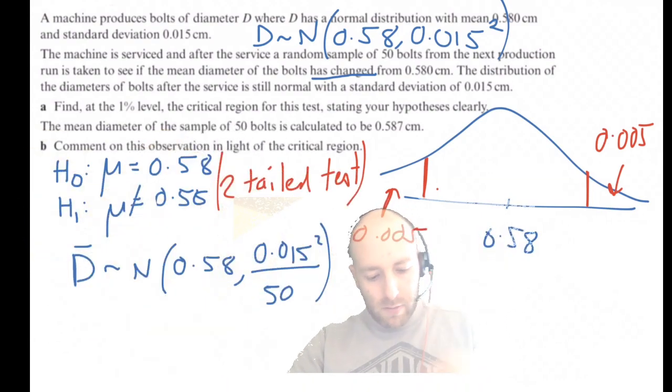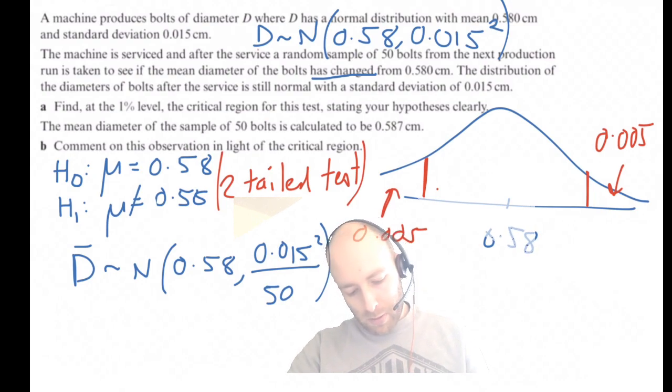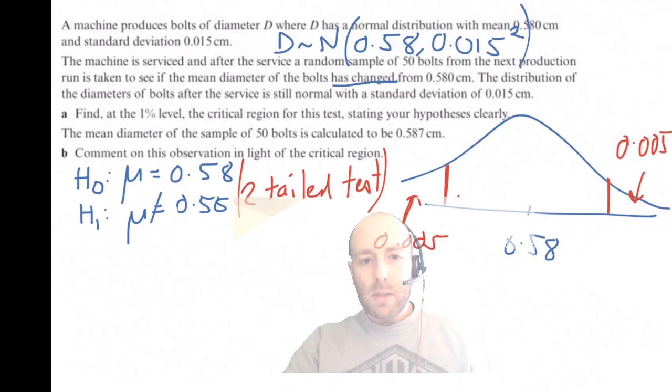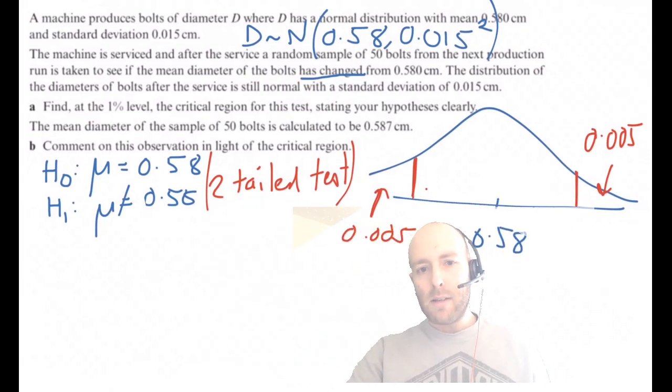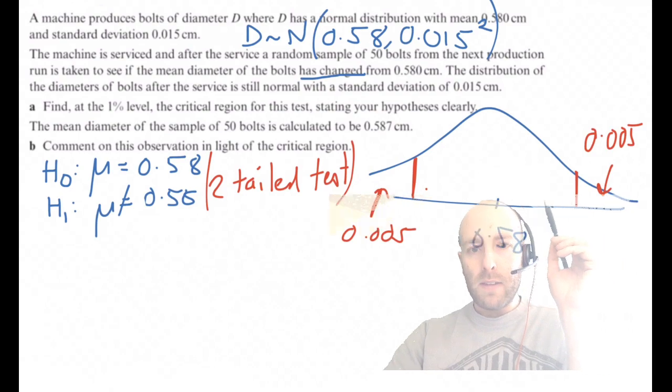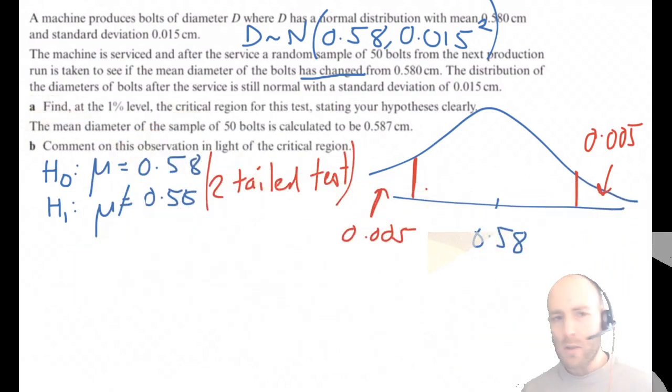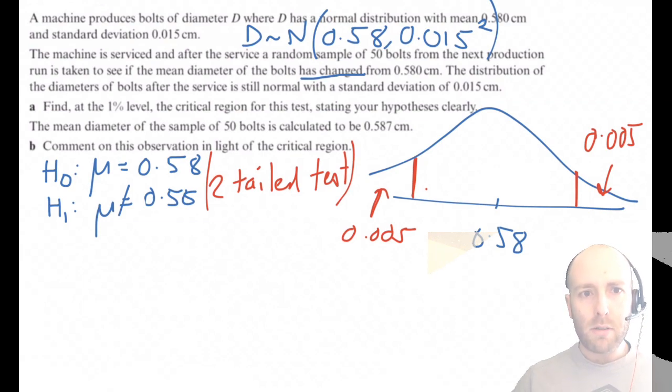So for part A then, if I get rid of that for a second, we will be coming back to that. But for now, just so I've got some space, we're going to do a Z calculation using the standardized normal distribution so that we can find these without knowing the bit about 50 later. So we're going to find the Z values of the critical region.